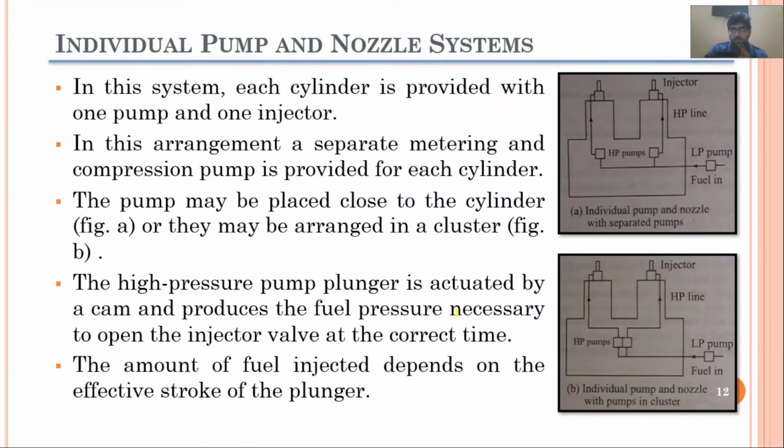And we discussed in quite detail the individual pump and nozzle system, that each cylinder will have a separate nozzle and a separate pump. Pump may be placed close to the cylinders or may be placed in the form of a cluster as well.